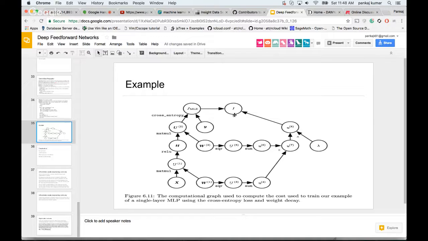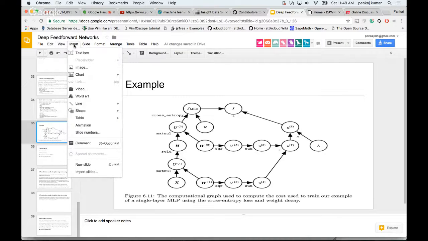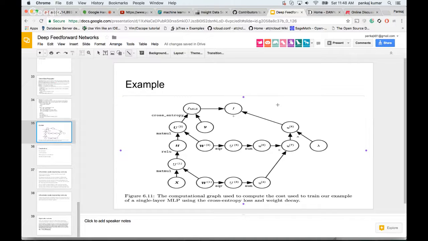If you forget the left portion, W1, U3, sum, and make a cut here, and another line here, then everything to the left is the cost from the neural net, and everything to the right is the cost from the regularization terms.